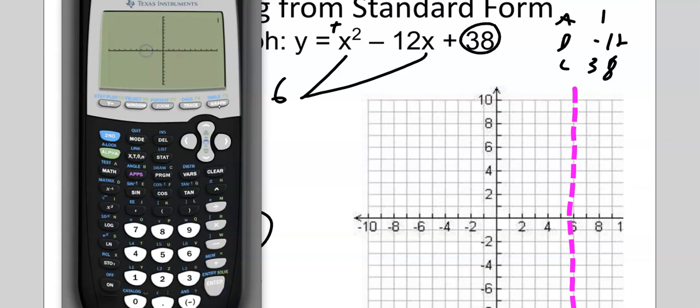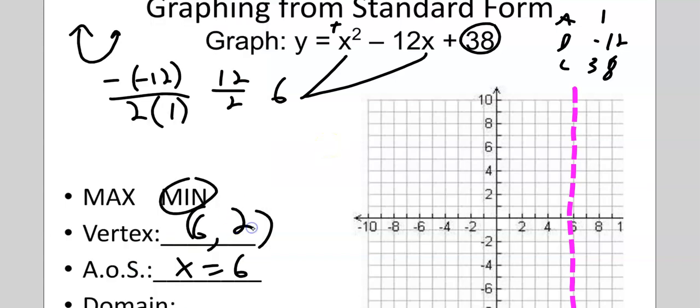I'm going to hit graph. There's my happy parabola. You can see that the vertex is above the x a little bit, so let's go there. And look at 6. It's 6, 2. Okay? So 6, 2 is the vertex.